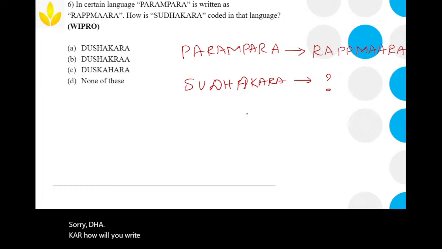Okay. So, what's the answer, guys? Answer, please. It's easy, right? When you look at the question only, you can answer it easily.